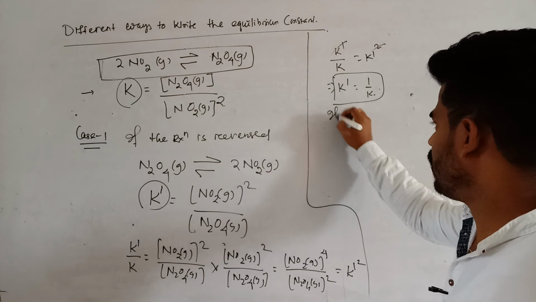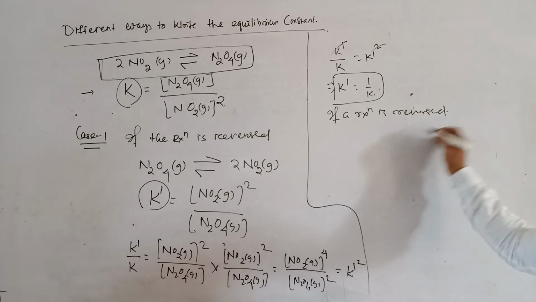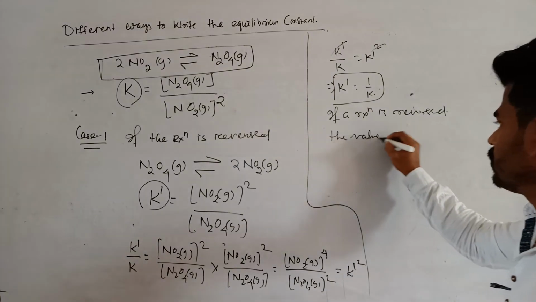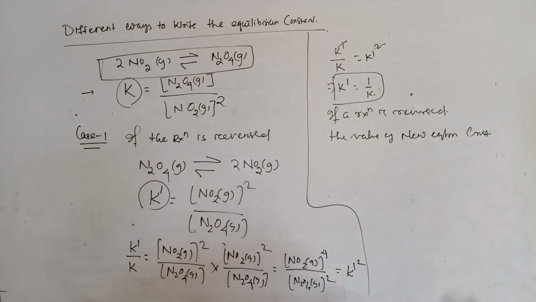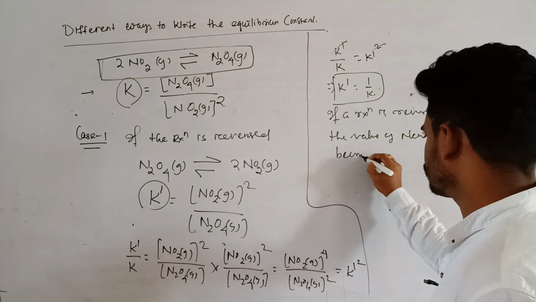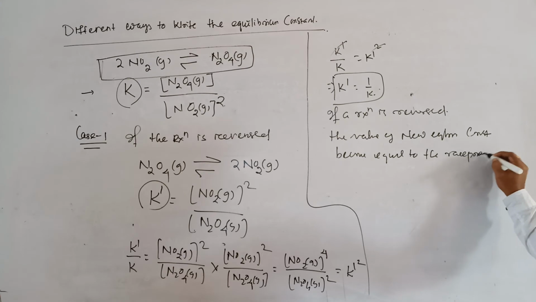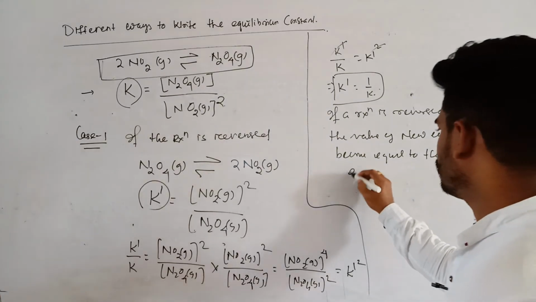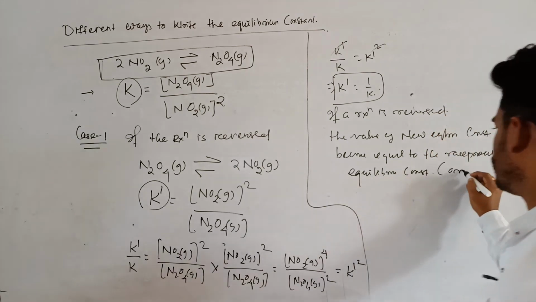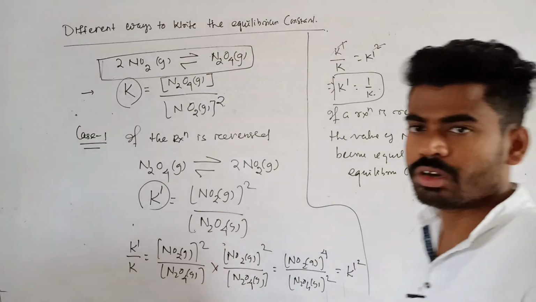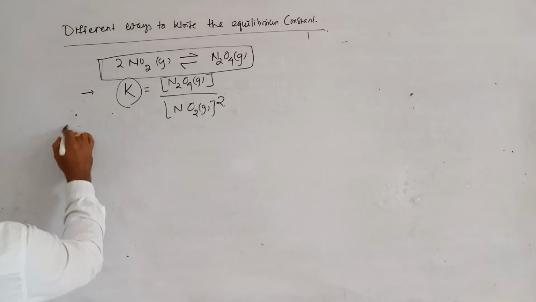So if a reaction is reversed, the value of the new equilibrium constant becomes equal to the reciprocal of the original equilibrium constant. Clear?